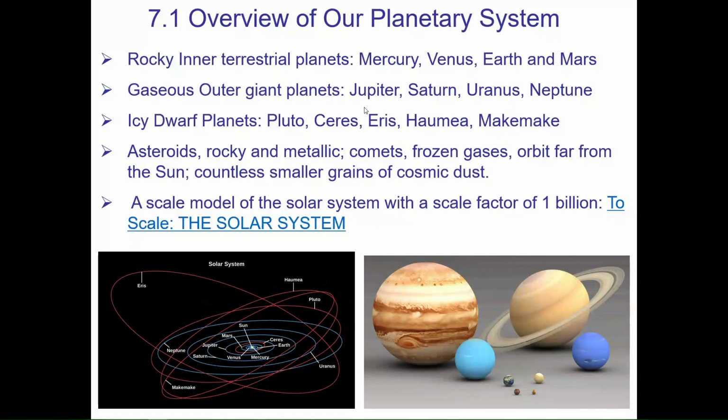They are Jupiter, Saturn, Uranus, and Neptune. We call them gaseous outer giant planets. Just by the name of their category, you can see those 4 planets are huge compared to the inner terrestrial planets.